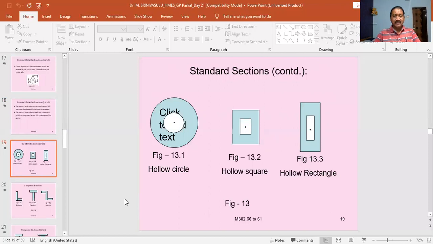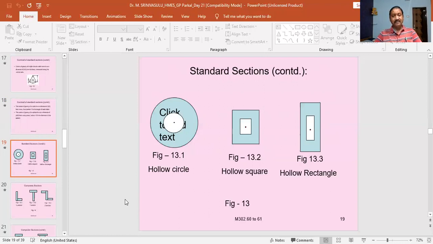For example, take the case of a hollow circle. It is nothing but the smaller circle cut out from the bigger circle. Even though the smaller circle is cut out, the cut out circle has a similar shape. So the axis of symmetry will not change.